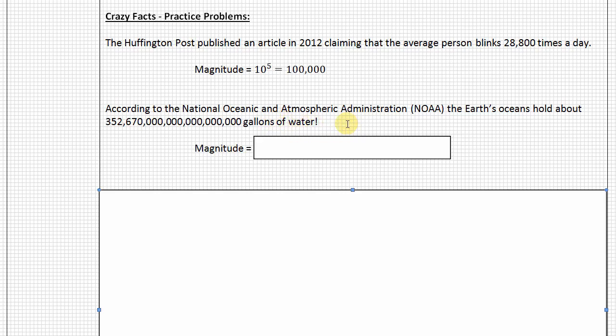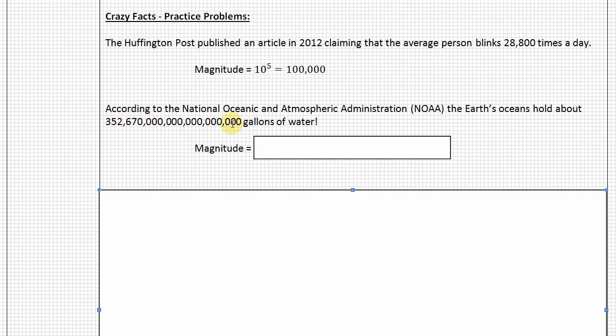So think about maybe a gallon milk jug. All of the water in our oceans being 352 quintillion, 670 quadrillion gallons of water. So this is starting to get into a number with a lot bigger magnitude. We want to be able to kind of wrap our head around it. So we're using place value, expressed as powers of 10.